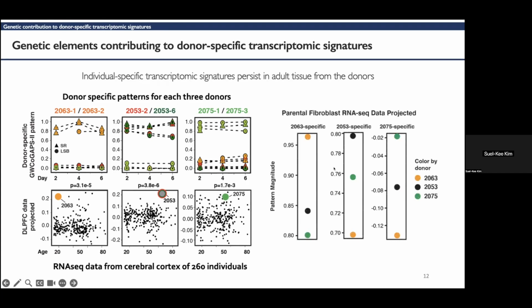The projection of parental fibroblast data into the donor-specific pattern also distinguishes the corresponding donor. And this data indicates that donor-specific signatures are stable traits of an individual human, persisting in different cells throughout their life.